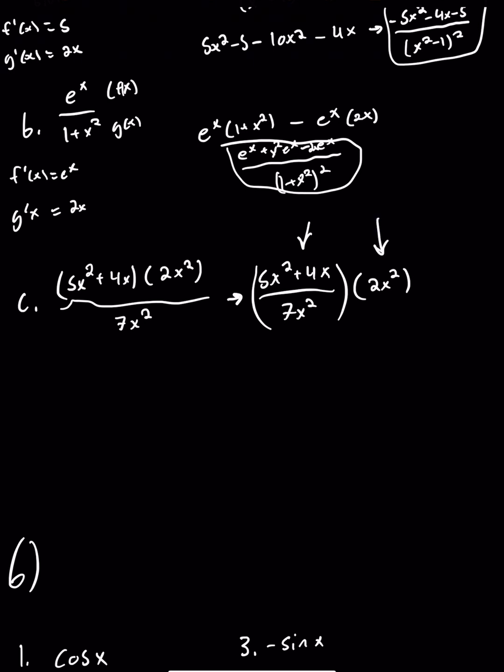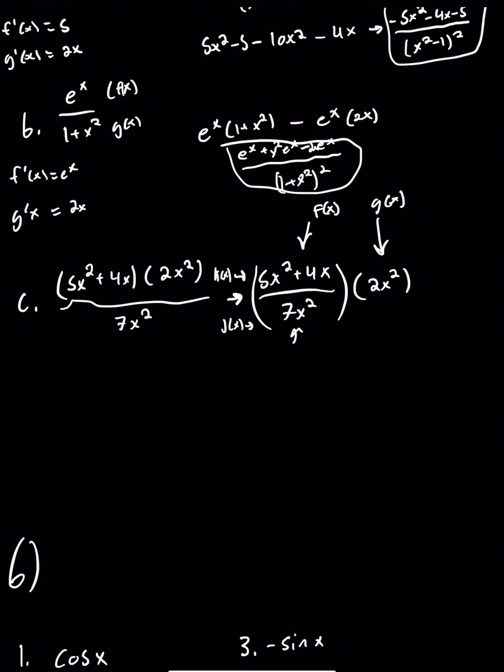Okay, so this will be our f of x, this will be our g of x, then inside of this, actually let's make it easier, we'll call it h of x and j of x, these inside functions. So first let's figure out what this is.